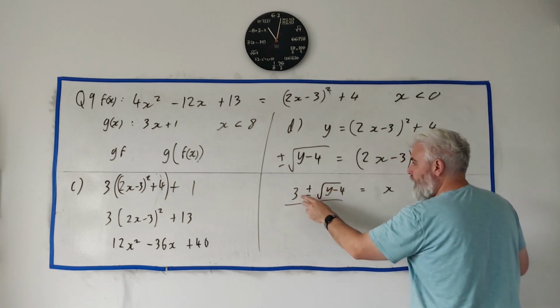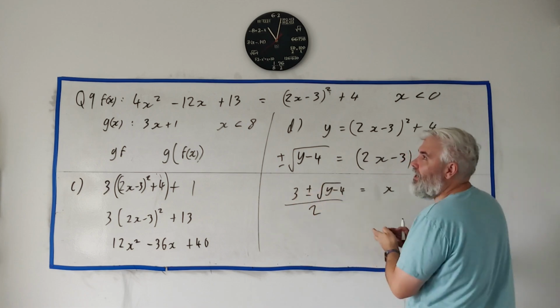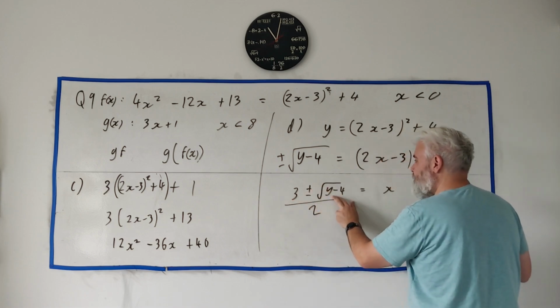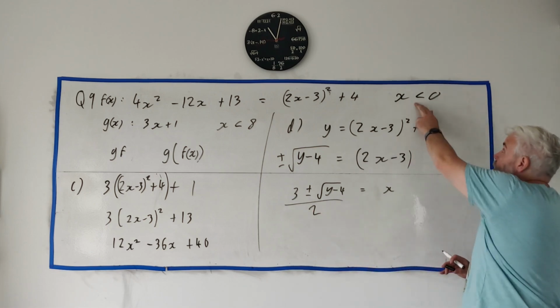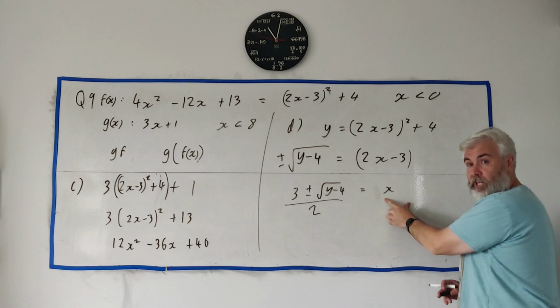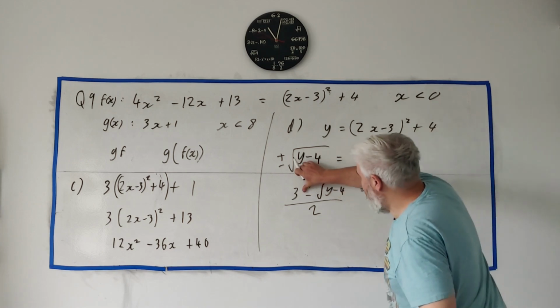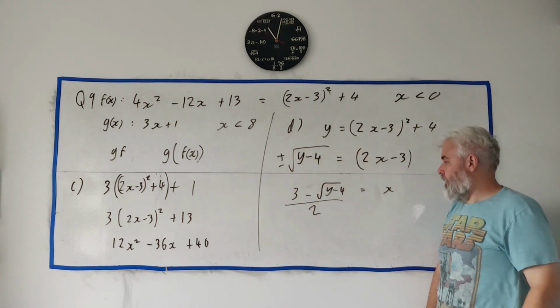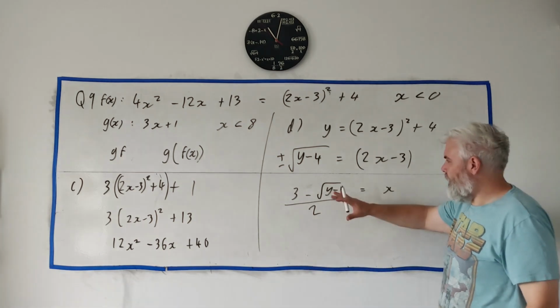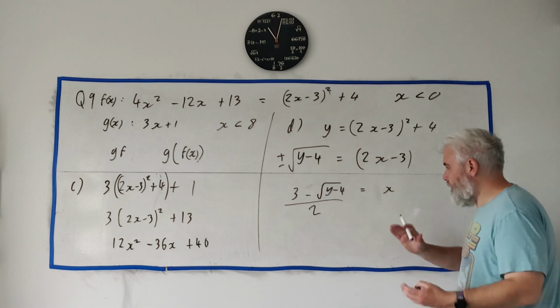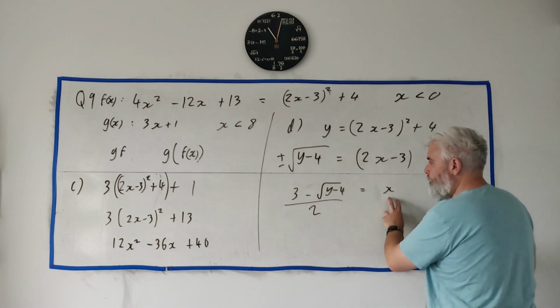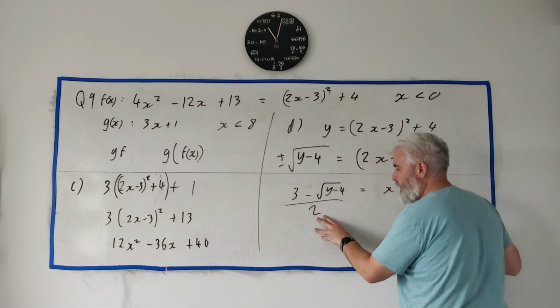A positive number plus a positive number divided by a positive number cannot make a negative number. And we know x is negative, so that plus can never be there. Now you should rewrite it again, show the examiner you're taking it away. Actually, it doesn't matter once you take it away. So x can only equal this part.